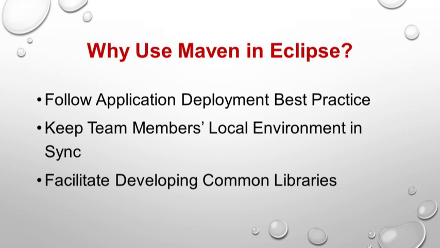This is a local repository, and then all the dependencies that you specify within the POM file will be pulled down from local as well. If it's not available, it will try to compile it. So these are the three reasons that I believe are critical for us to use the Maven project within Eclipse.